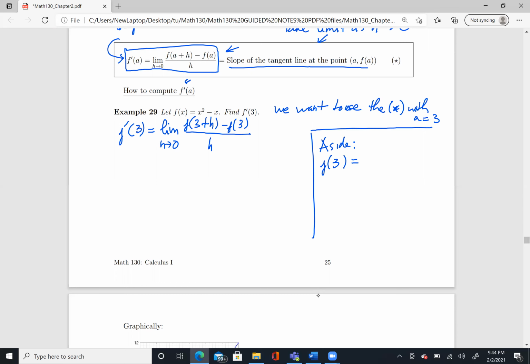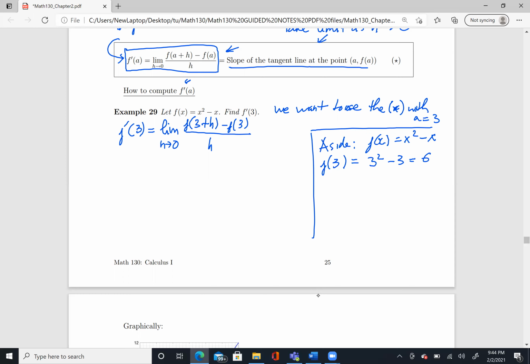I want to know what f of 3 is equal to. We know that f of x is x squared minus x, so f of 3 you can just plug in: 3 squared minus 3, which is 9 minus 3, and it's 6.